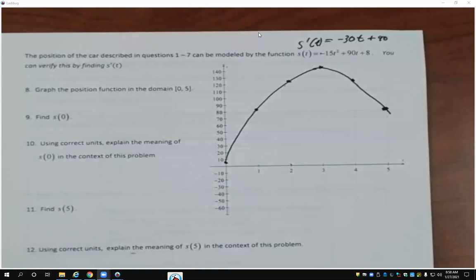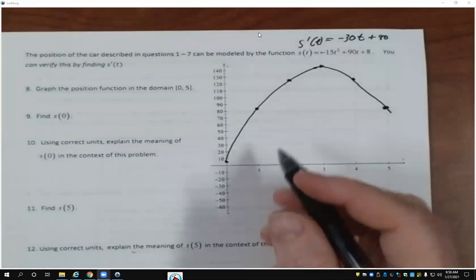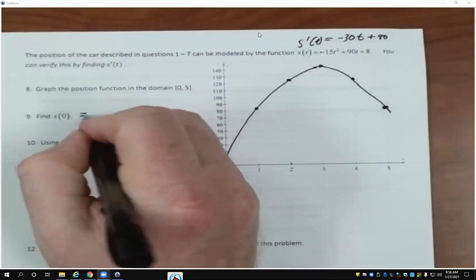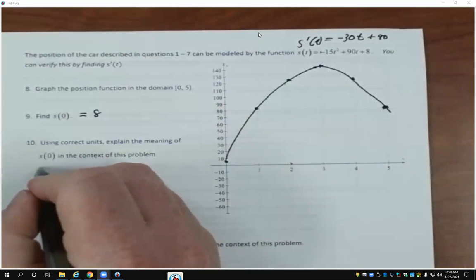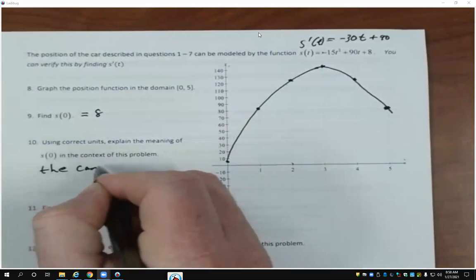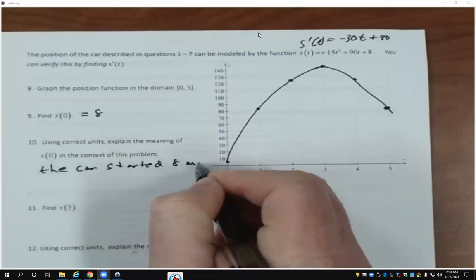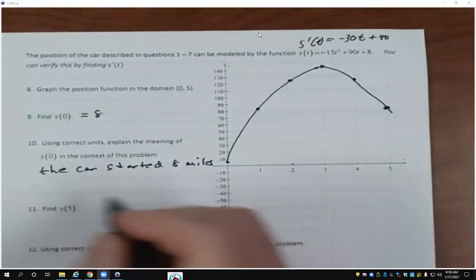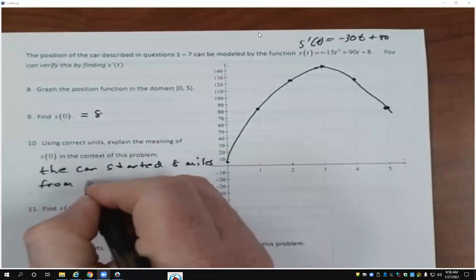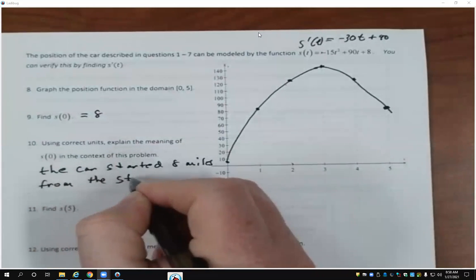Let's say we're 8 miles away from our house, and then we're going to start going somewhere. So this is equal to 8, and this means the car started 8 miles from the starting position.